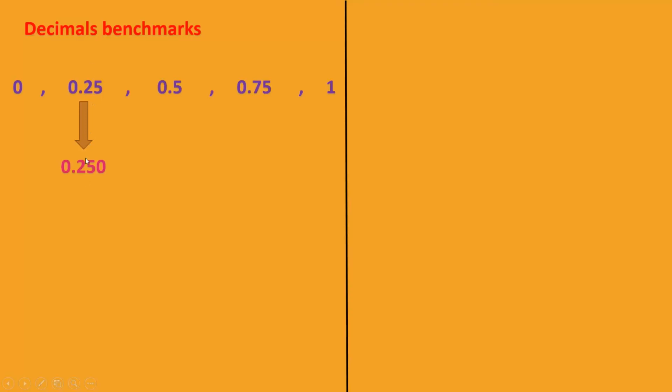Because they are already equal. 25 and 250 are equal. 0.5, if we have two decimal places, will be 0.50. If we have three decimal places, it will be 0.500. 0.75, if we have three decimal places, will be 0.750. So this is the benchmark of decimal.